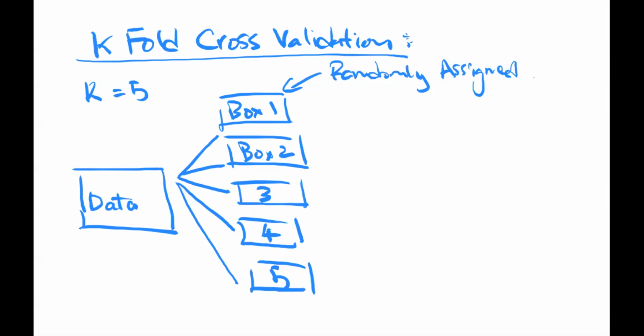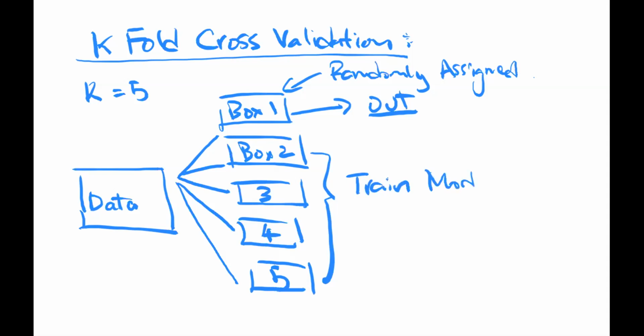After that, we are going to say, okay, let's do this one time by leaving box 1 out and using all these 4 boxes to train our models. Once we train and fit the models, we have a model fit.